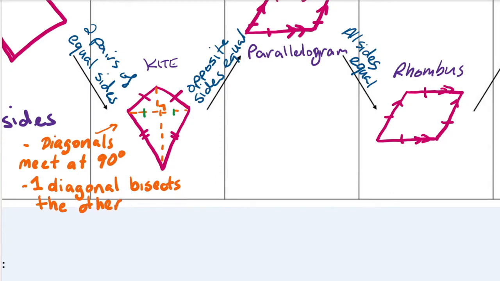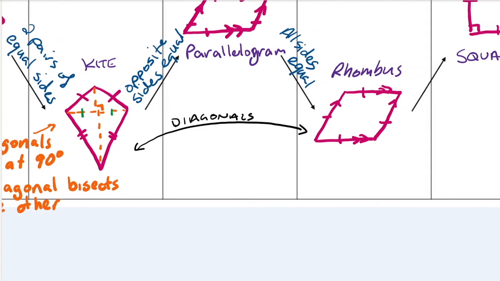Okay, now the rhombus does something very, very similar. So let's pop in an arrow to join those two shapes. Okay, and this is a note about the diagonals. Okay, so our kite meets at 90 degrees, the one diagonal bisects the other.